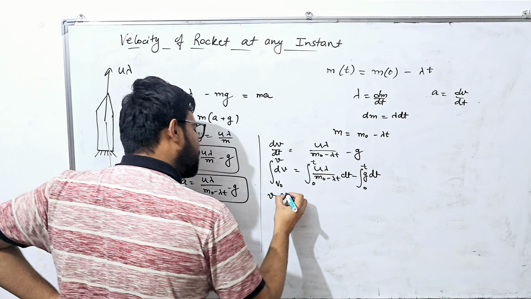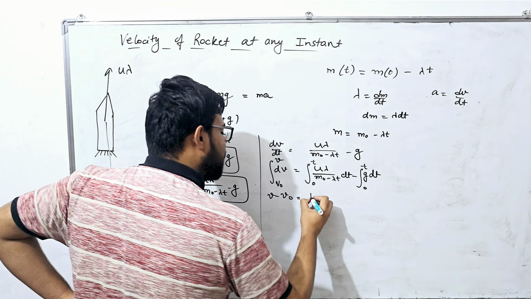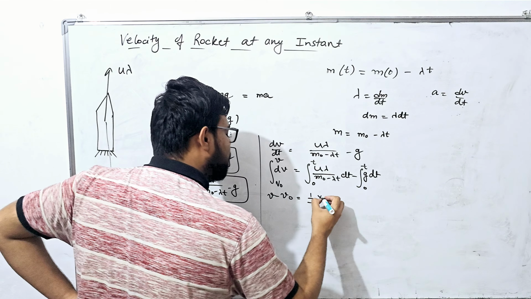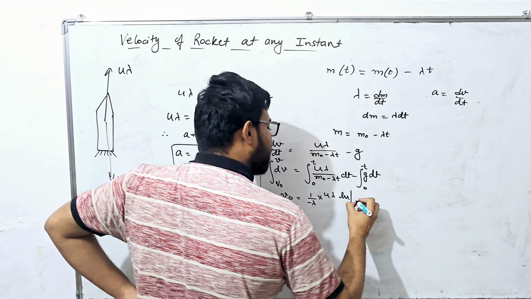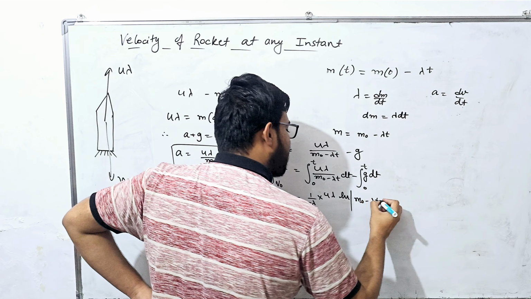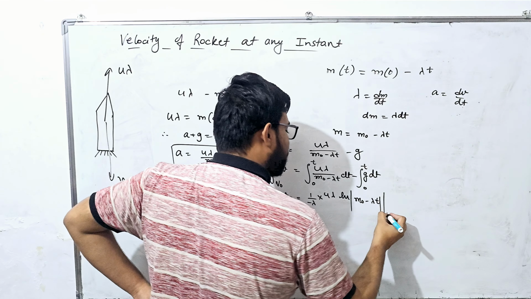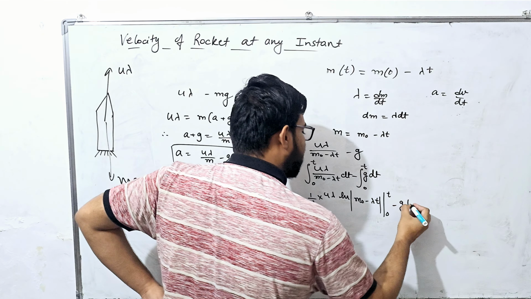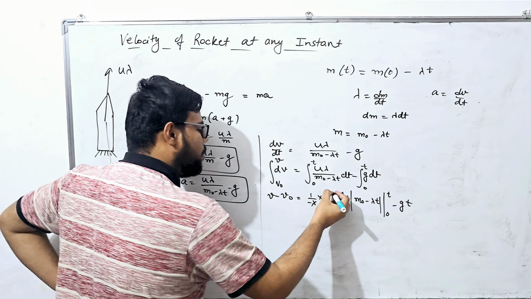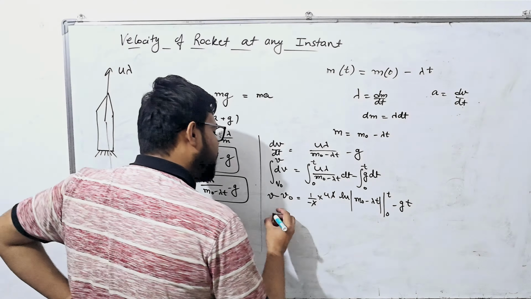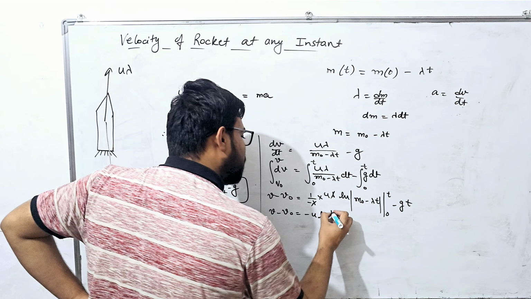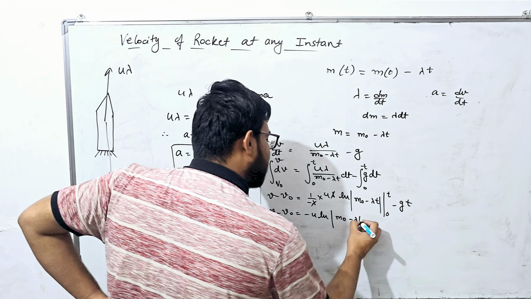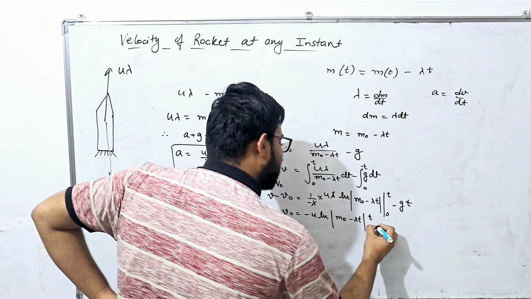We get v minus v0 is equal to 1 upon negative lambda into u lambda into the natural log of the quantity m0 minus lambda t, with limits from 0 to t, minus gt. Now lambda and lambda get cancelled, so we get v minus v0 is equal to negative u natural log of (m0 minus lambda t), with limits from 0 to t, minus gt.